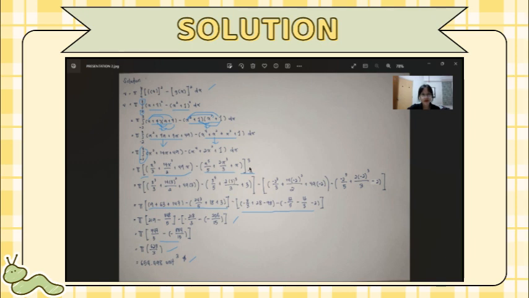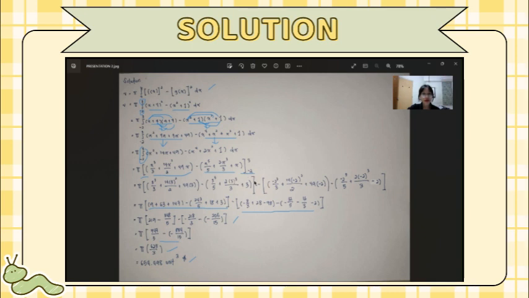Before we substitute these values into x, make sure the value in this bracket has been integrated. So we get x power of 3 over 3 plus 14x power of 2 over 2 plus 49x minus 2x power of 5 over 5 plus 2x power of 3 over 3 plus x.